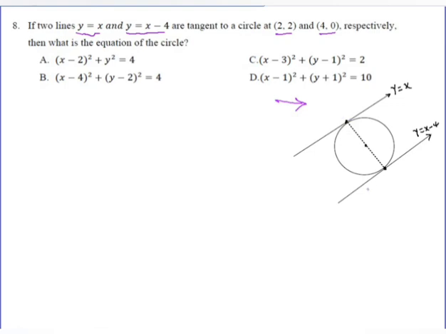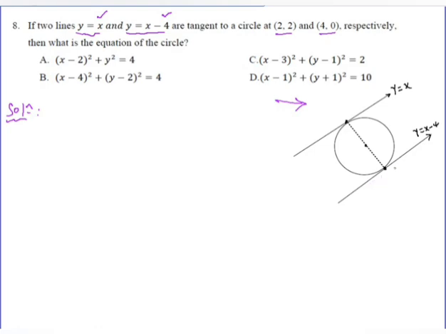There are two lines. These two lines are parallel. y equals x and y equals x minus 4 are parallel because they have the same slope. Okay, so we are expected to sketch like this, and these two lines are parallel.